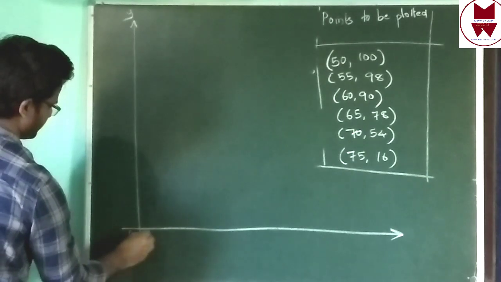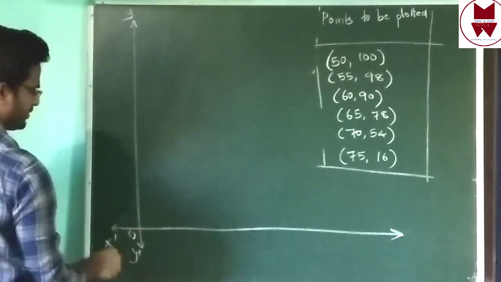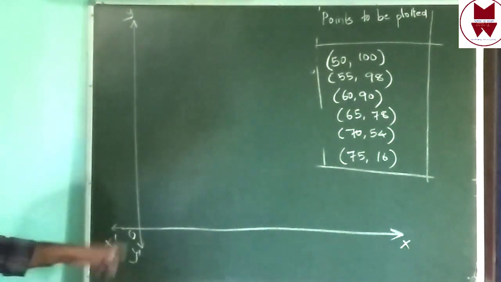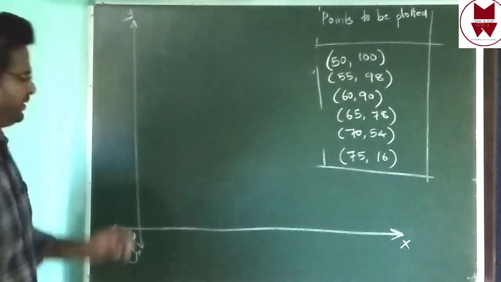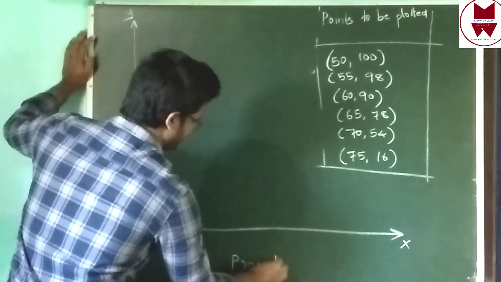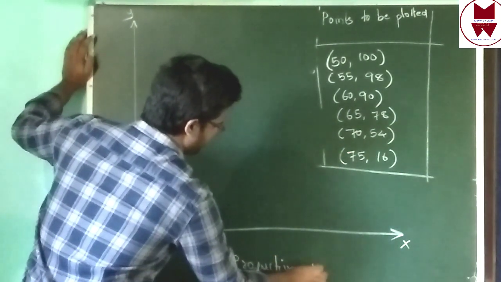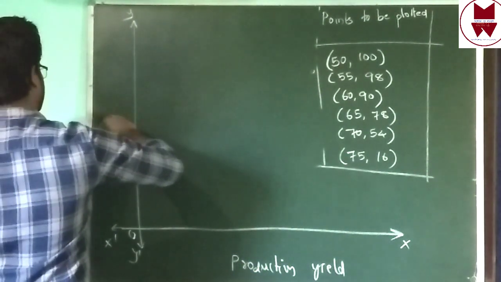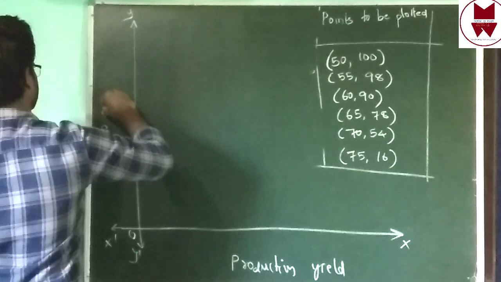Draw Y' , X' , X and Y axes. The x-axis represents production yield. The y-axis represents number of farms.